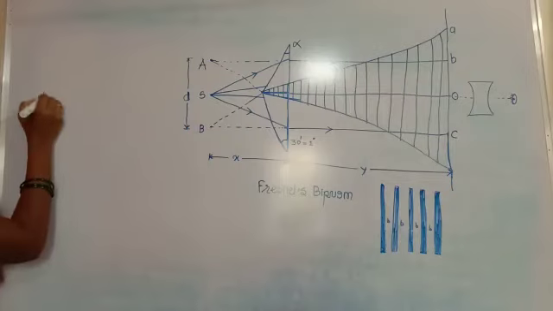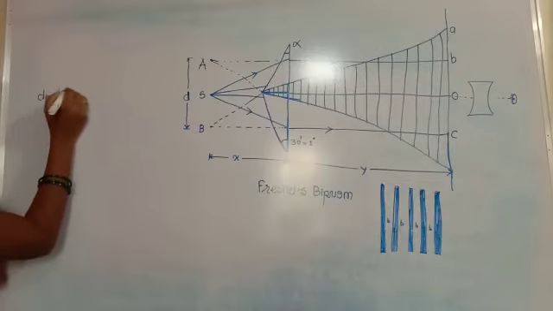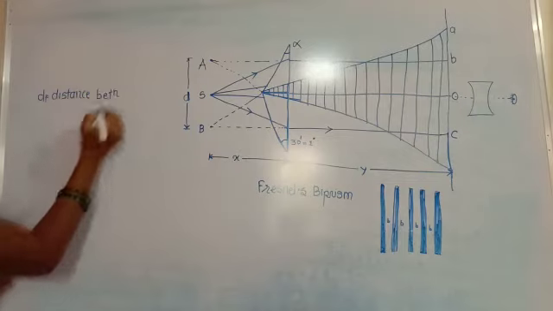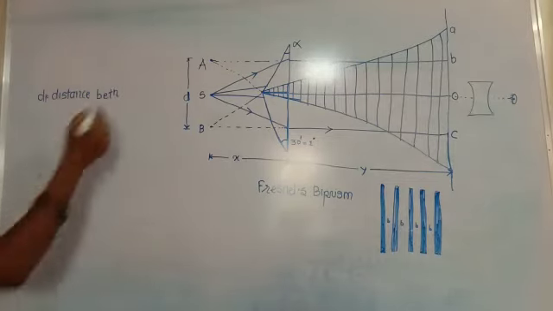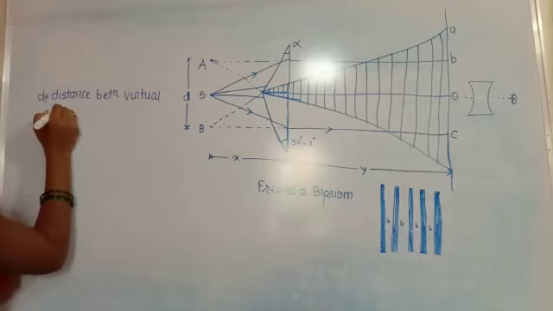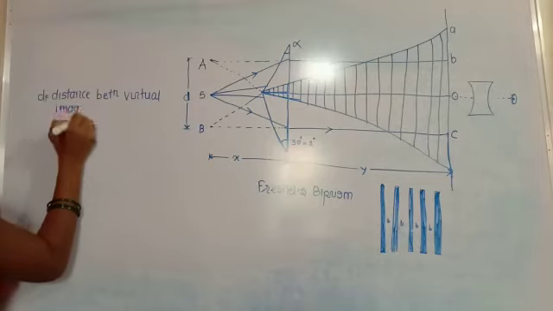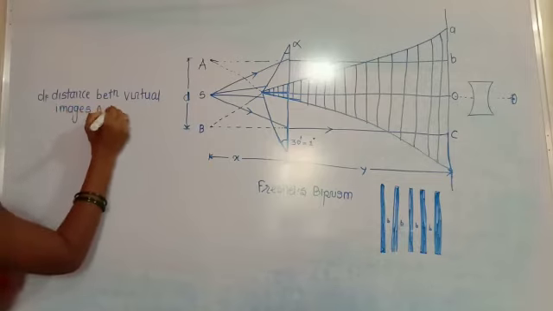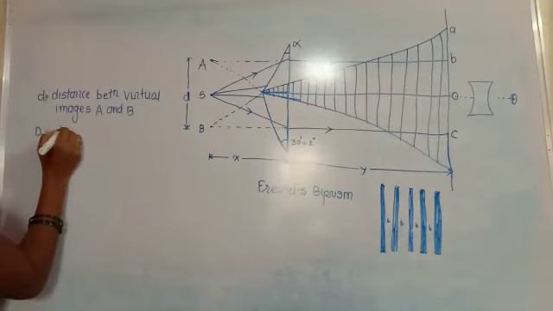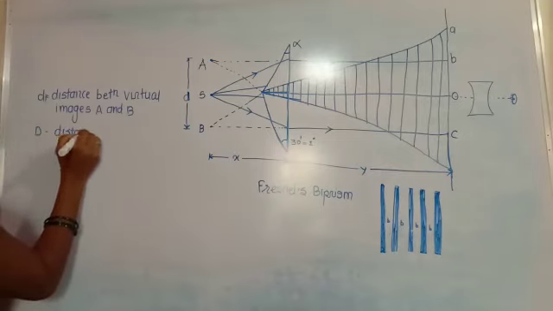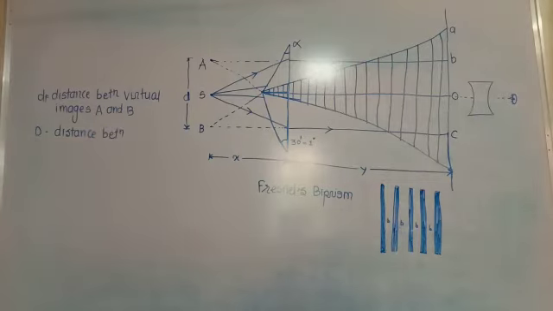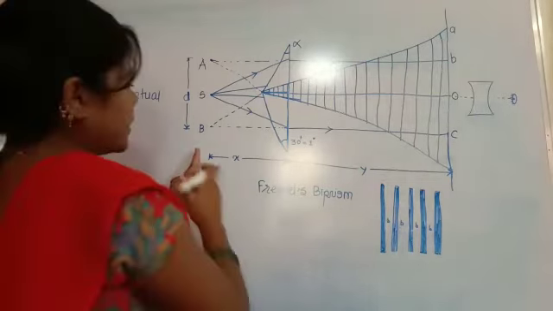Here small d is the distance between two sources A and B, or we can write virtual images A and B. Capital D is the distance between source and screen, means from point here to here.